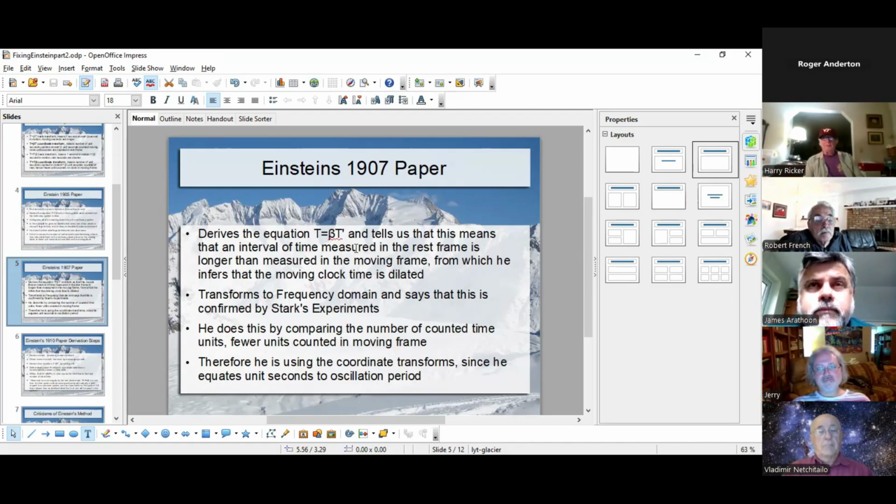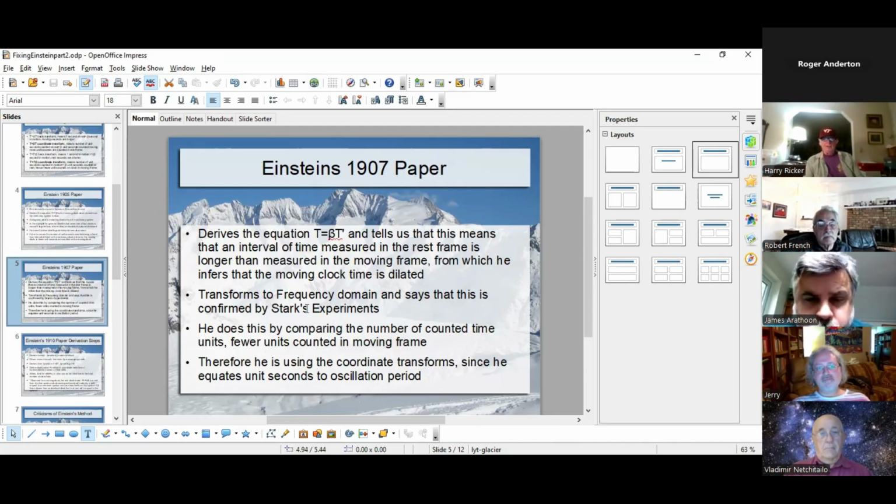So this is another example of the confusion that Einstein creates by the way he phrases things and talks about things. Roger Anderton has been talking about this for years. He says that the theory of relativity is ambiguous. This is another example of how it gets ambiguous.